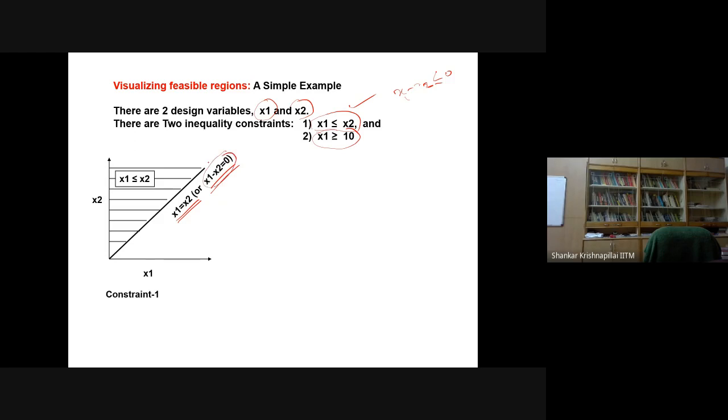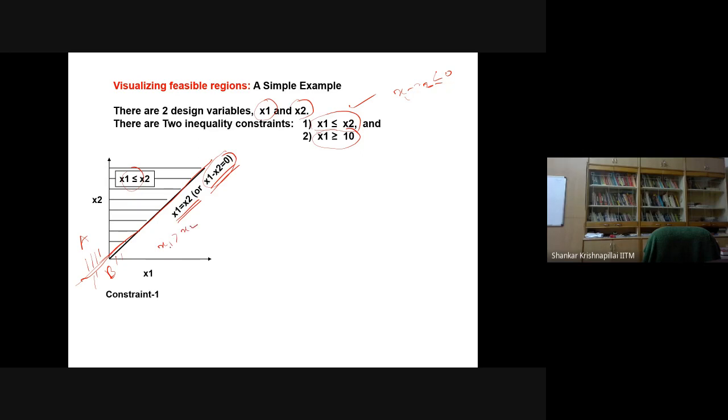This is the method for plotting an inequality constraint: you first set it equal to 0 and draw that line. This line will divide the Cartesian plane into two halves, A and B. A is on this side, B is on this side. On one side you get x1 less than x2, on the other side you get x1 greater than x2.